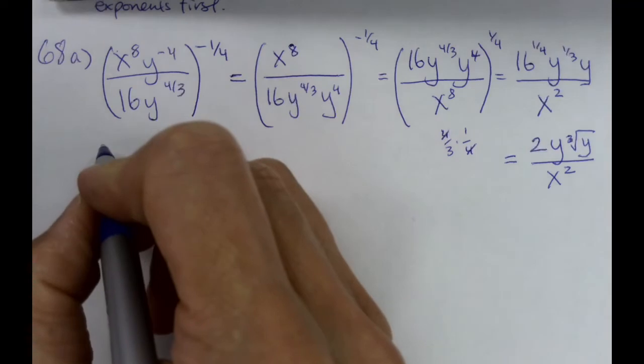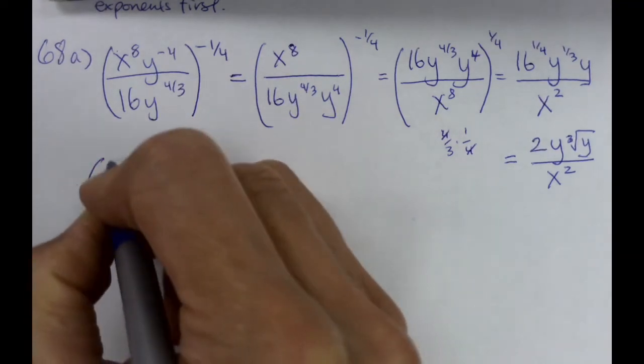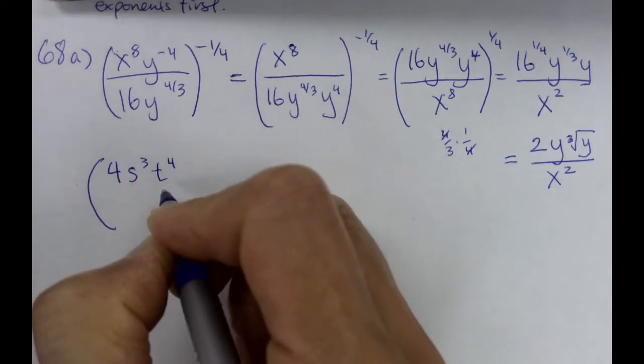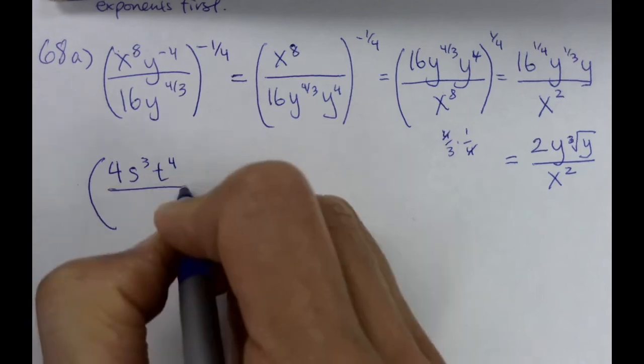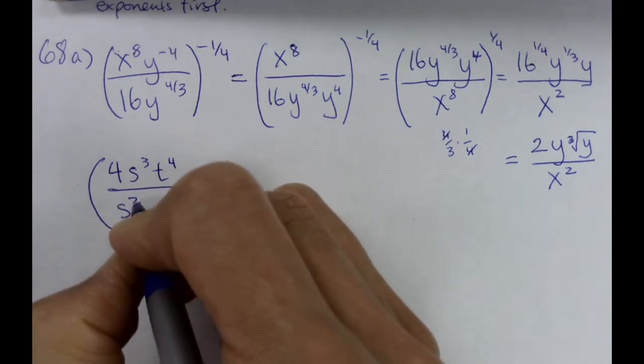Alright, let's take a look at problem B, letter B, 68b. On this one, no negative exponents on the inside.